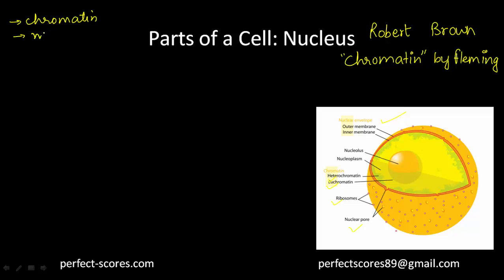It has a nuclear matrix known as nucleoplasm, and it has nucleoli. That means nucleolus, the nucleus of a nucleus. Now, electron microscopy has shown that the nuclear envelope also has two parallel membranes with a space of about 10 to 50 nanometers, and this space between them is known as perinuclear space.